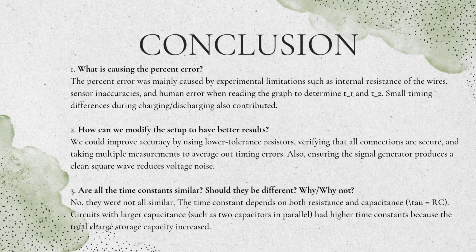We also concluded that we could modify the setup to have better results by using lower tolerance resistors and verifying that all the connections are secure, also taking multiple measurements to average out timing errors, as well as ensuring the signal generator produces a clean square wave and reduces voltage noise.